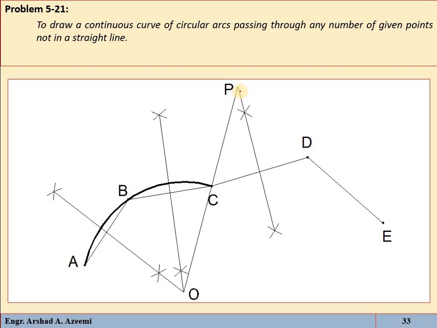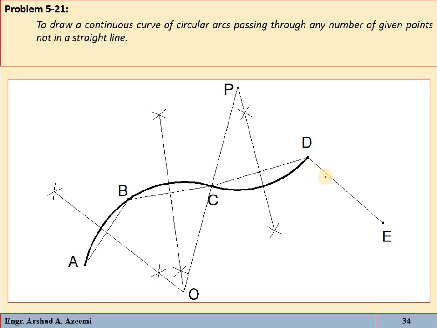Okay, now with center P and radius equal to PC or PD, draw an arc.